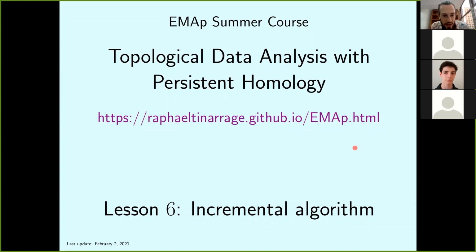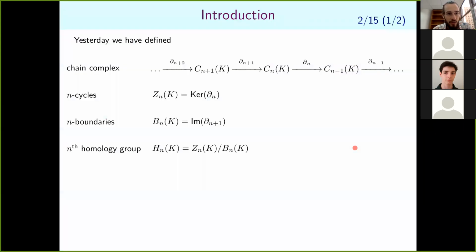So I promised you yesterday to give you the algorithm that allows to compute homology. Let me just recap what we've seen. Yesterday, I defined simplicial homology. And in order to do so, we had to introduce a few notions.